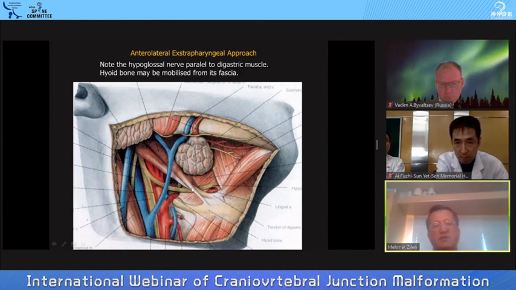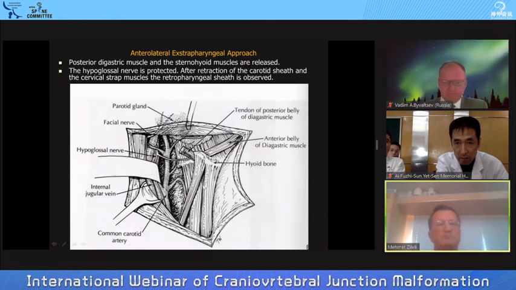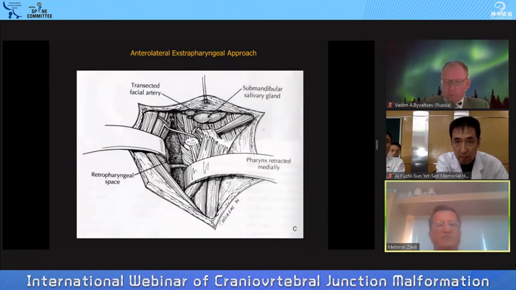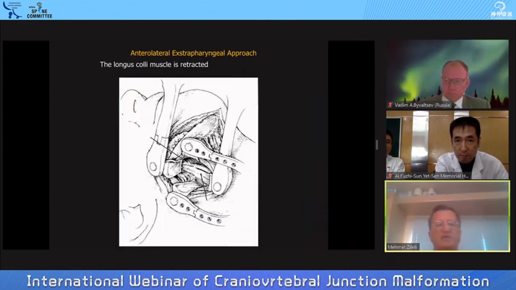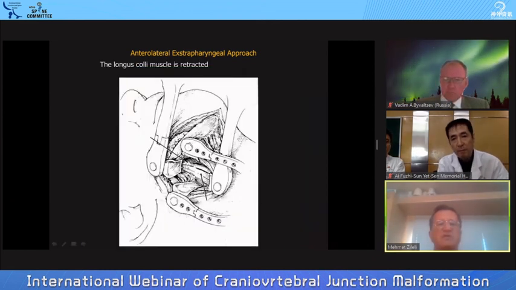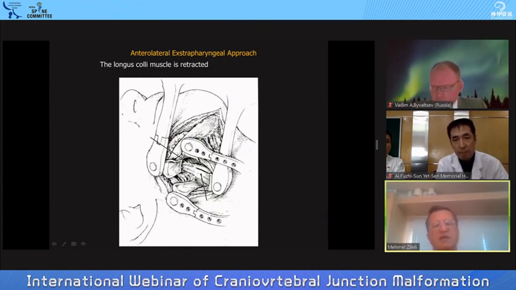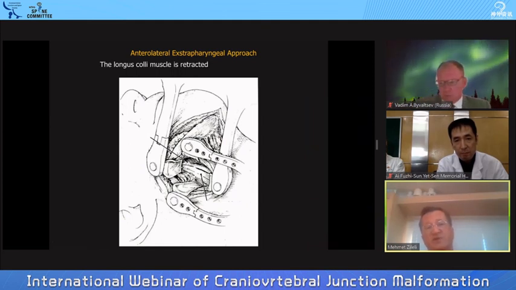We must be careful about injuring the artery. These are some phases, and in a very deep position we can see the C2-3 disc level and the C1 arch, but in an oblique fashion.